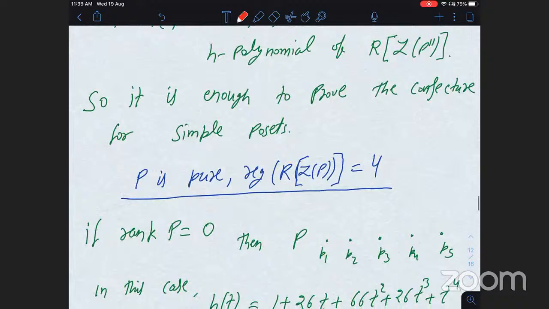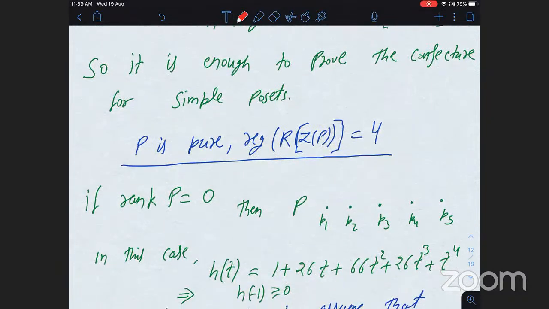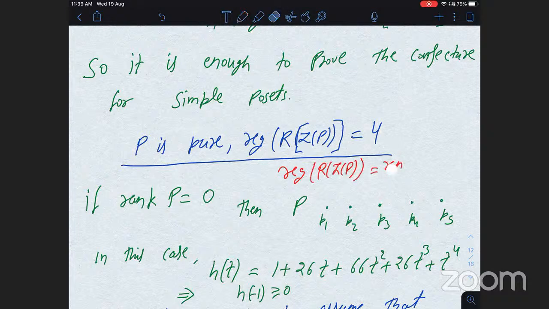So let P be a pure poset. Why are we taking pure? Because in that case, my Hibi ring is a Gorenstein ring. And let the regularity of R[P] be equal to 4. If the rank of the poset is 0, then by one of the facts, regularity of R[P] is equal to cardinality of P minus rank of P minus 1.